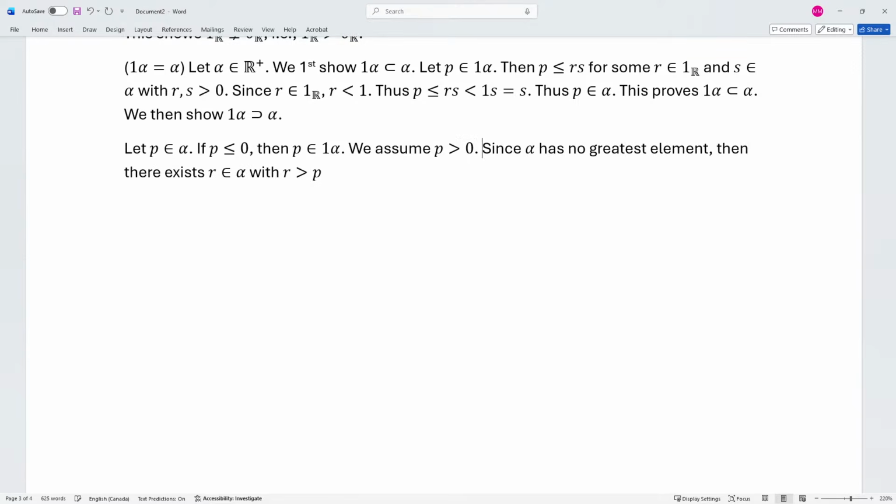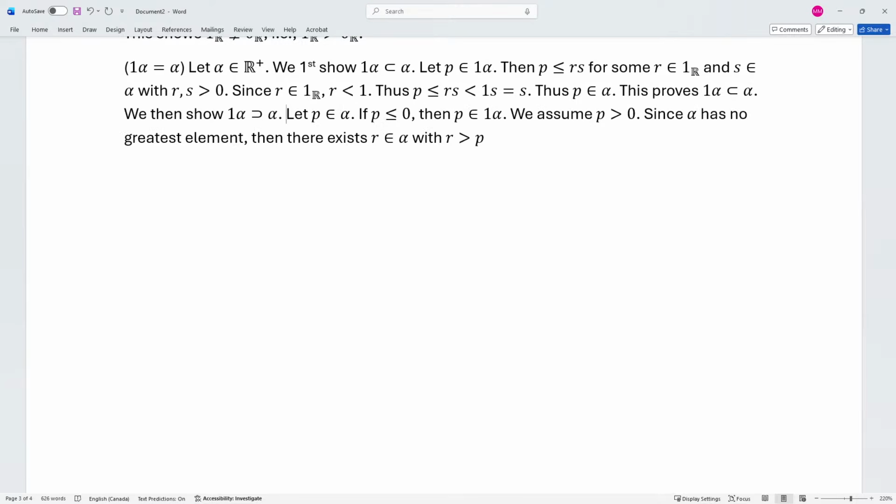Since alpha has no greatest element, there exists R in alpha that is greater than P. So since P is positive, then R is positive, and therefore we have 1 over R. I need 1 over R to be less than 1, but the thing is 1 over R might not be less than 1.